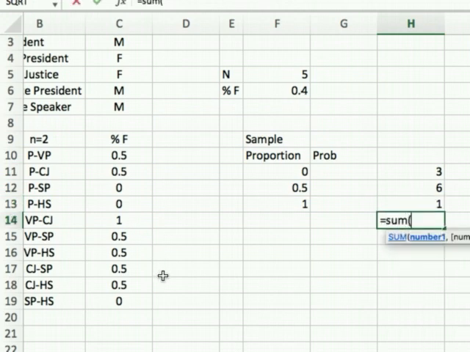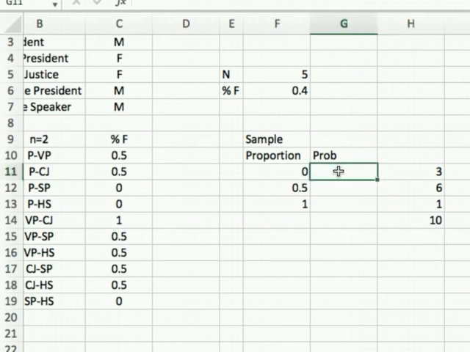So if you get the sum, that's equal to 10, because again, we have 10 combinations of 2 out of 5. And to compute for the probability, we just have to get the relative frequency. And here we have 30% for 0, 60% for 0.5, and 0.1 or 10% for a sample proportion of 1.